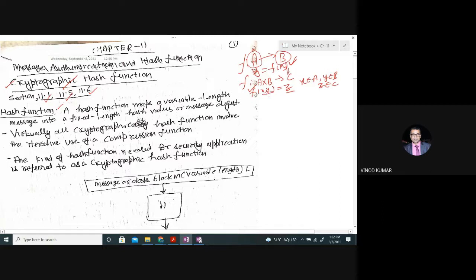Okay, so similar approach in the hash function. A hash function is a function which converts a variable length string to a finite length string. You see this diagram, okay? I write this diagram. This is the hash function.